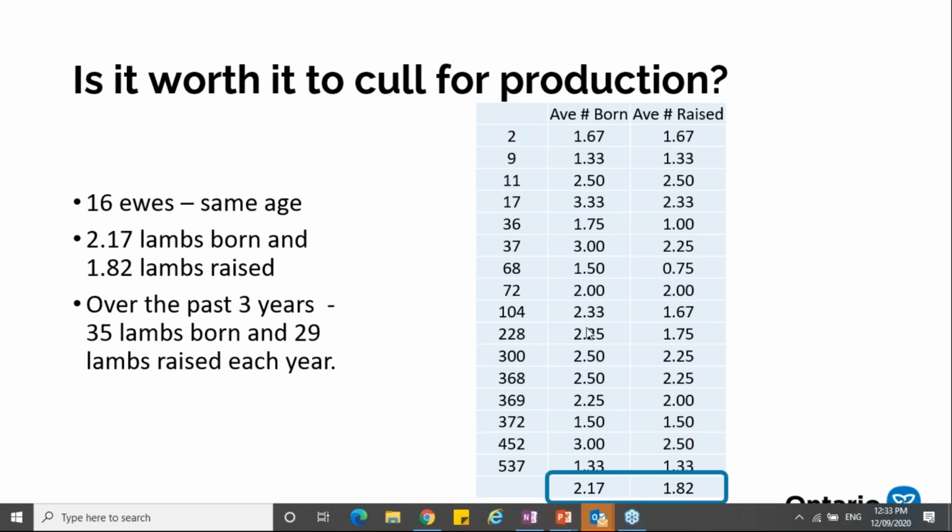But what about this 2.33 and 1.67? How bad is it compared to 1.67 born and 1.67 raised? What do I think happened? Was there something weird that went on? It can get a little bit mind-boggling.